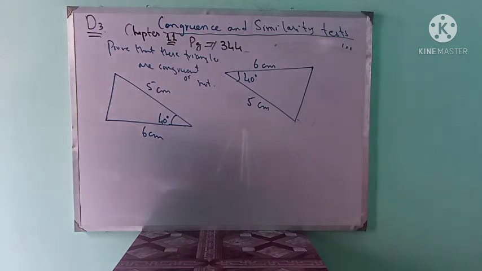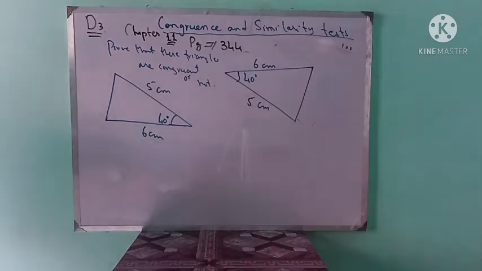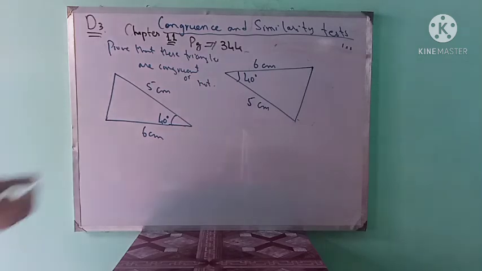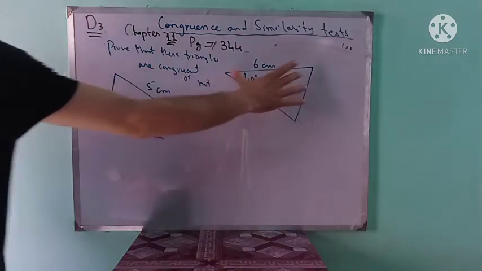What that test says is that if the two sides and one included angle of the first triangle are equal to the two corresponding sides and one corresponding included angle of the other figure, then the two figures are congruent figures. So we have to see whether these requirements have been fulfilled or not in these figures. 5 centimeter, 5 centimeter, 6 centimeter, 6 centimeter.